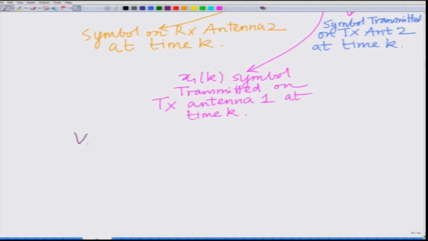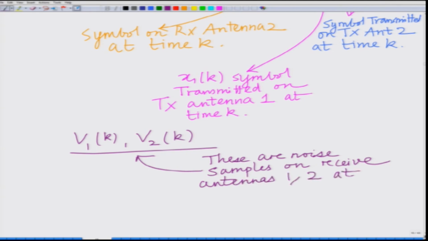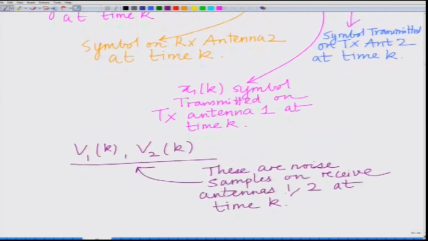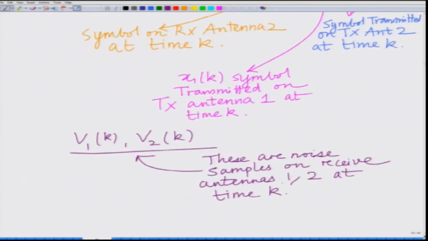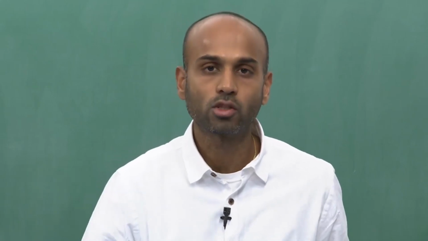So, these are noise samples on receive antennas 1, 2 at time k, and therefore, now what I am going to do, I am going to write this input output model for this 2 cross 2 MIMO system using vector notation, and I can write this as follows.